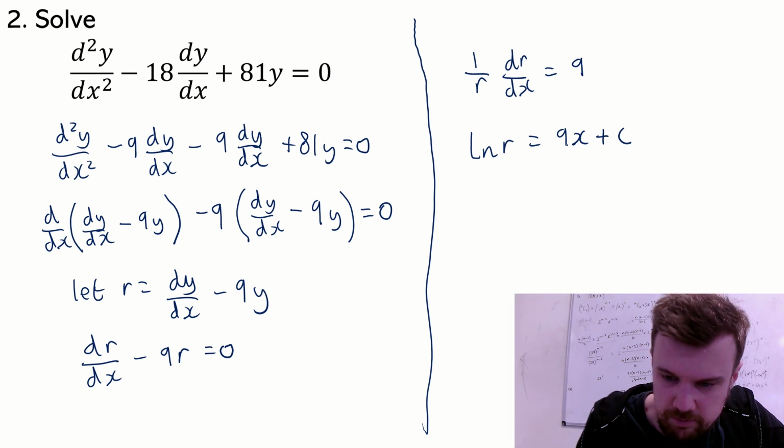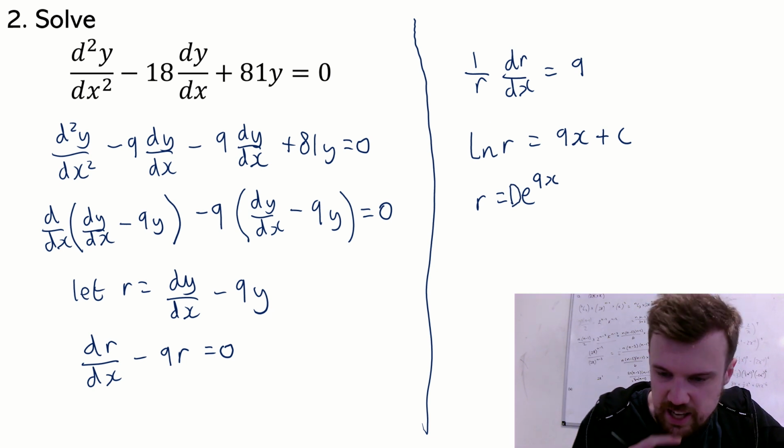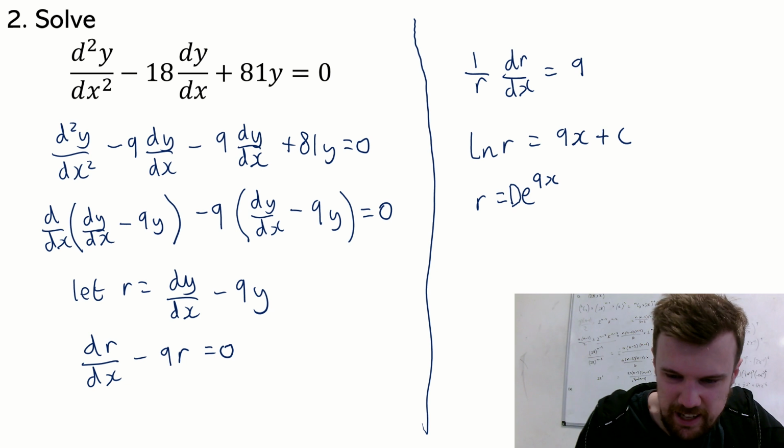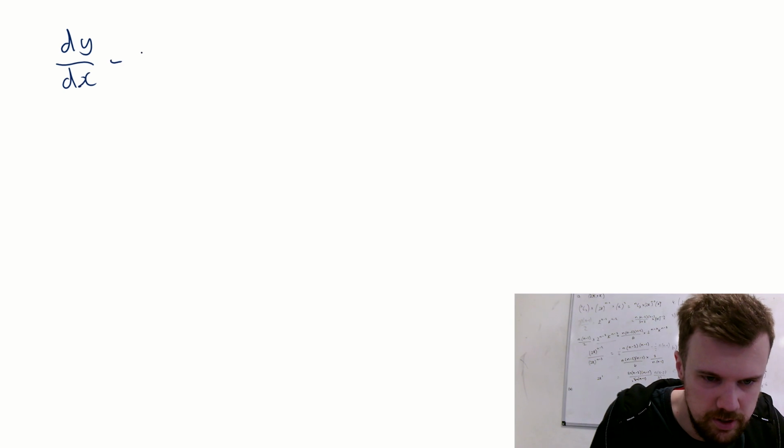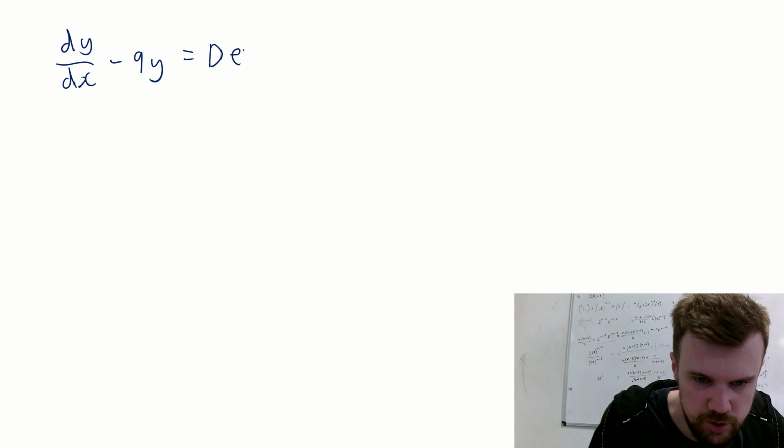And then we can do e to the power of both sides, which will end up with e to the power of 9x. Would be plus c, but I'm going to immediately write the plus c as a plus d out the front of the e instead, because now, creating more room, we can now undo the substitution to end up with the differential equation that you see here.